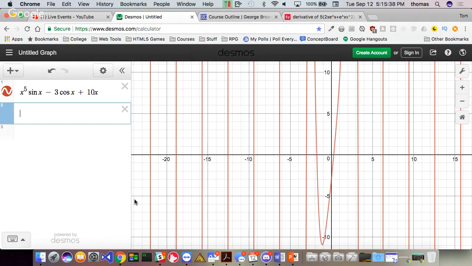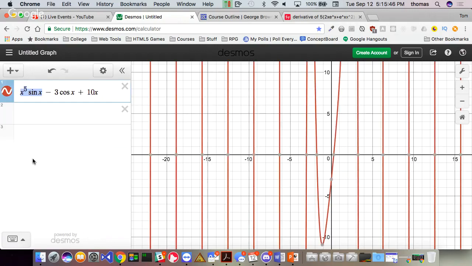The first term is this one. Do I have to do anything with the first term? A product rule. What about this one? A constant rule, maybe. And is there anything I need to do on this one? No, this is pretty simple.